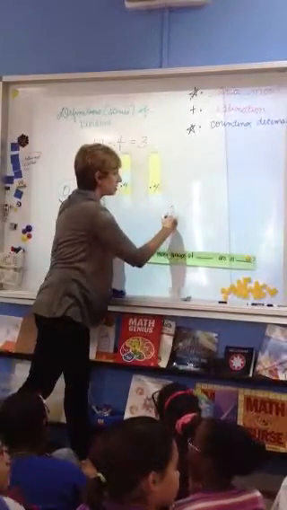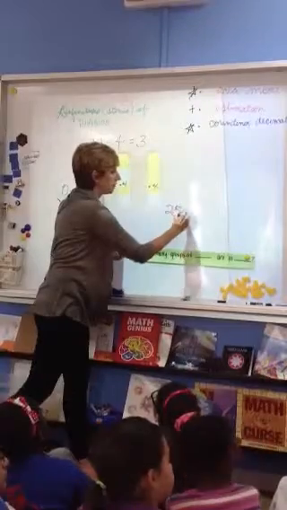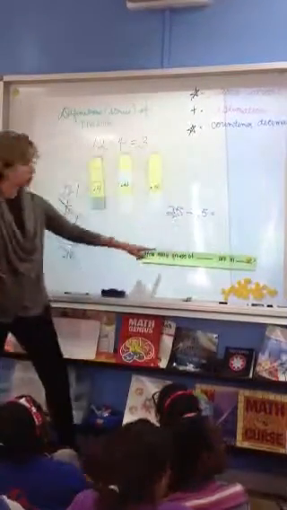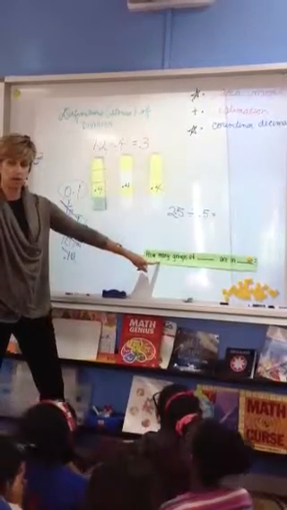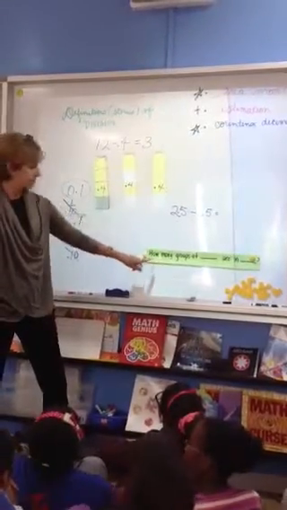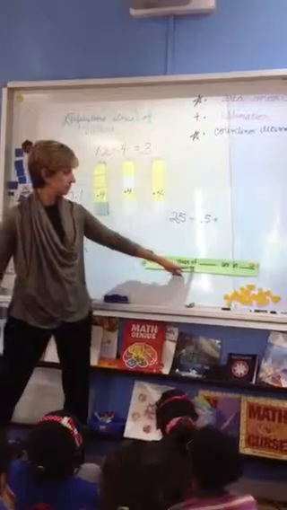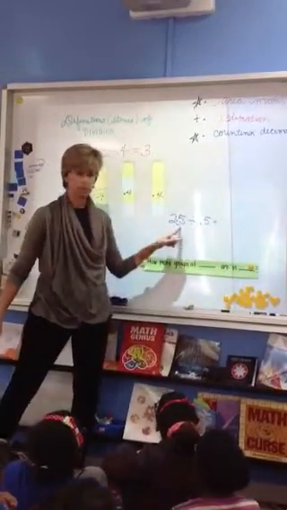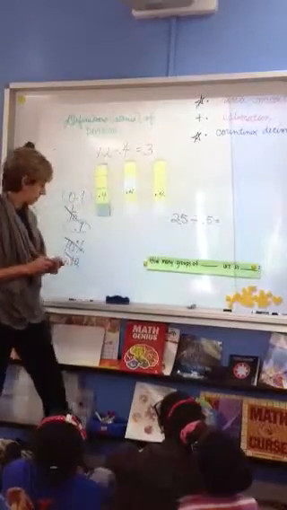Let's say our question was 2 5/10 divided by 5/10. That's my equation. Would you please read to me the question? How many groups of 5/10 are in 2 5/10?